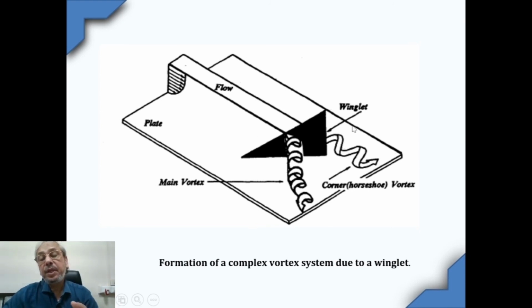So it will be a very complex field of these combined vortices. If we go downstream on any plane, we have to get the footprint of all these three vortices. That means main vortex, horseshoe vortex or corner vortex, and the fluid in between will be induced, and will create an induced vortex.